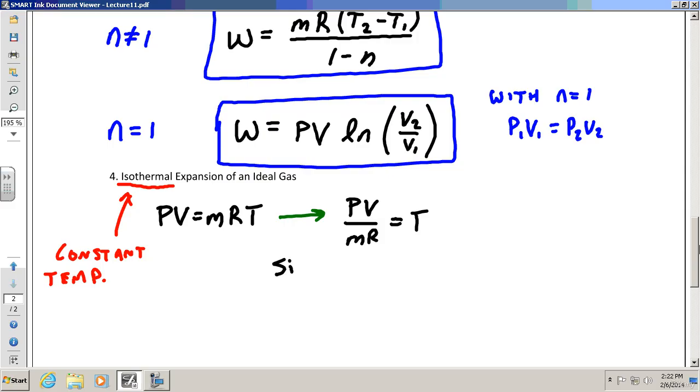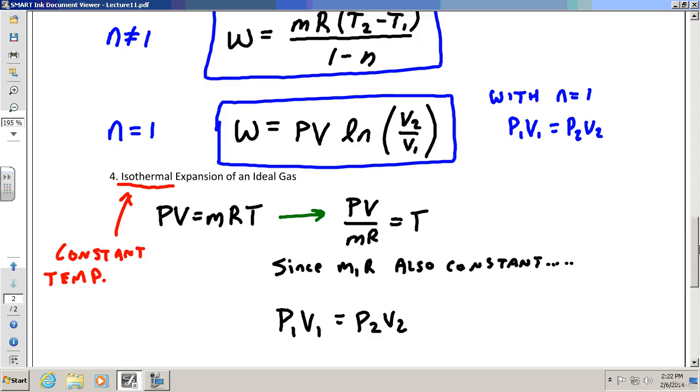So what you really have here is P1V1 equals P2V2, right? Because if PV over MR equals T, but T is constant, right? So PV over MR equals PV over MR for each case. So obviously P1V1 equals P2V2.